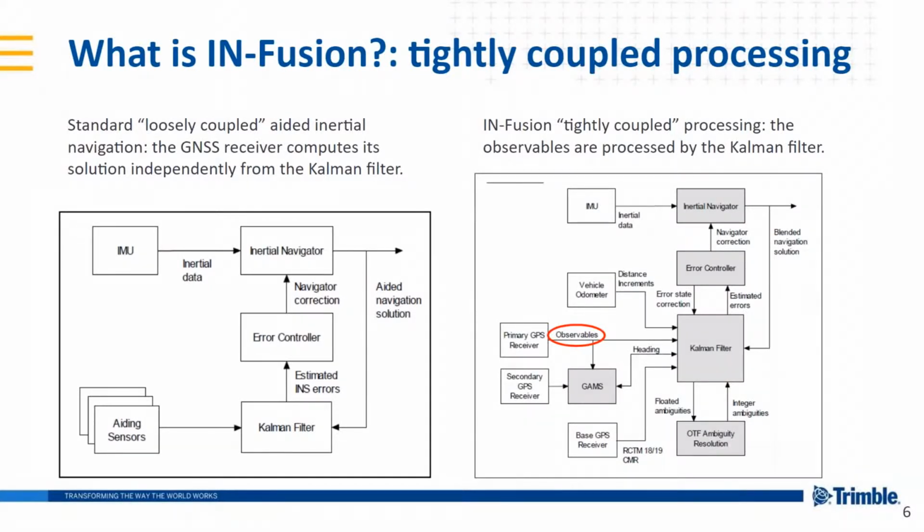The key difference here is that the Kalman filter processes the raw pseudorange and carrier phase observables directly from the GNSS receiver, thus bypassing the receiver's navigation filter. This means the system will be able to benefit from GNSS observables even when there are fewer than 4 satellites. This is quite useful, especially for land mobile applications, where the GNSS signal is often obstructed.